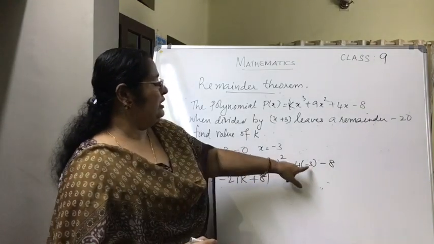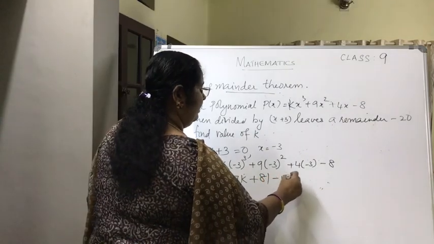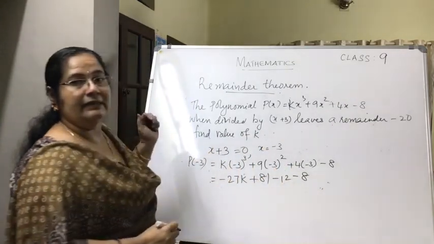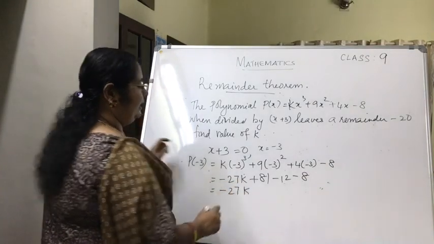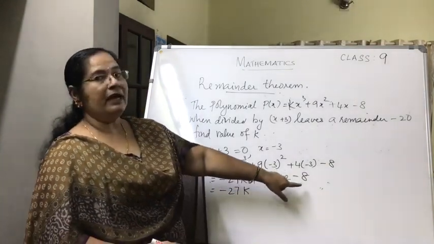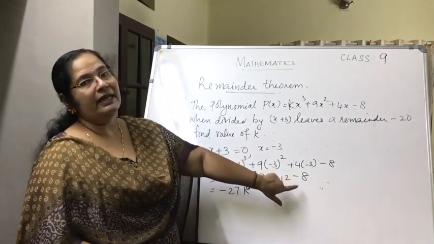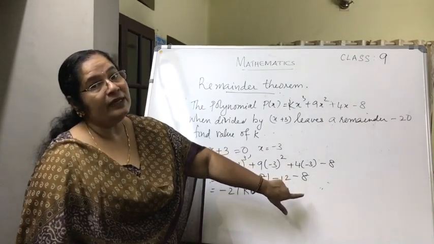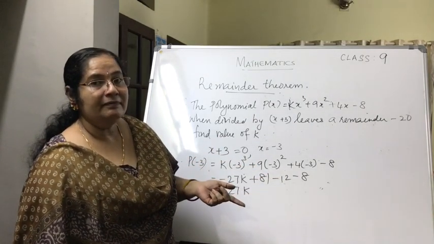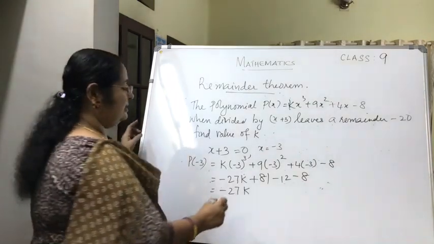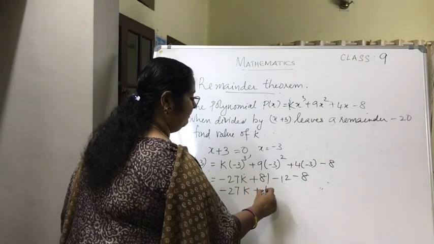Then 4 into minus 3 is minus 12, minus 8. So here you have minus 27k, 81, minus 12, minus 8. You will first take the negative quantities together. Minus 12 minus 8 is minus 20. Plus 81 minus 20 will be how much? Plus 61. Sorry, plus 60.